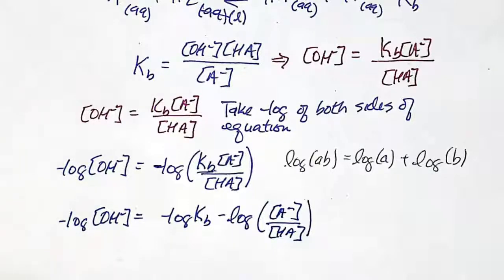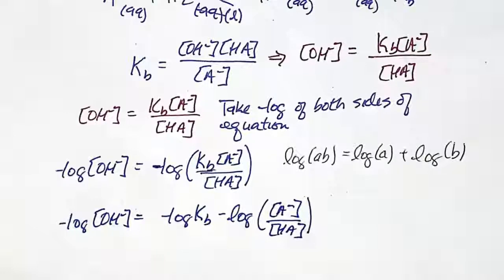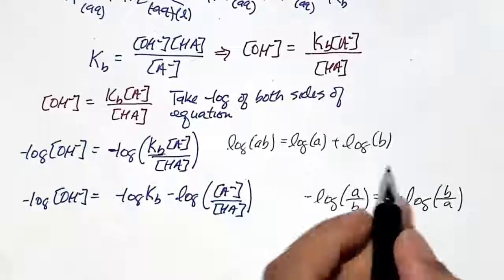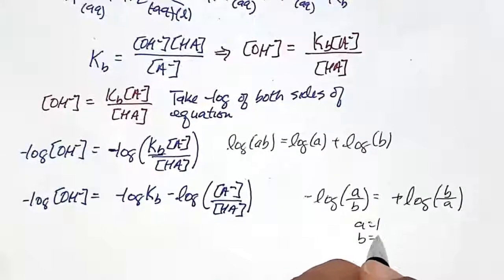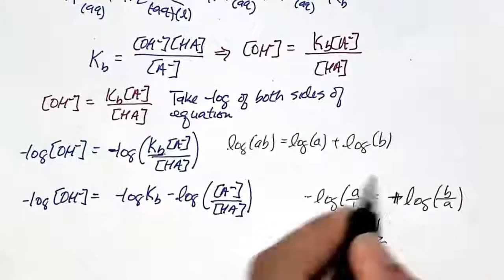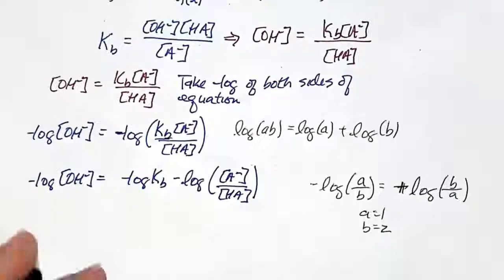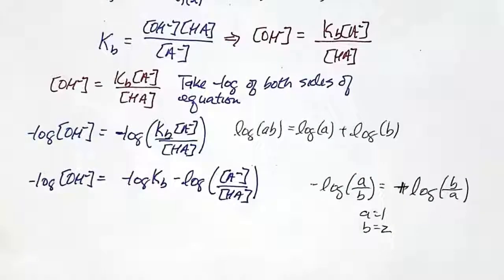Now I'm going to utilize a rule from logs, just as before. You can do this on your calculator: pick A equals 1, B equals 2, plug in A and B, and you'll realize that the sign flips if you invert the number inside the log. So taking advantage of this log rule, we have this situation.